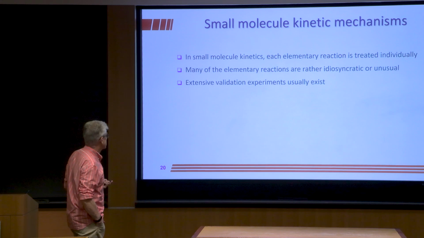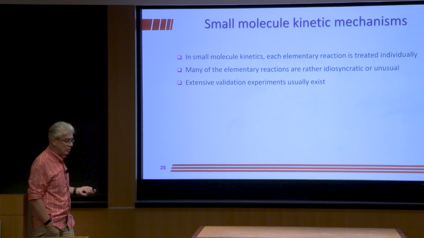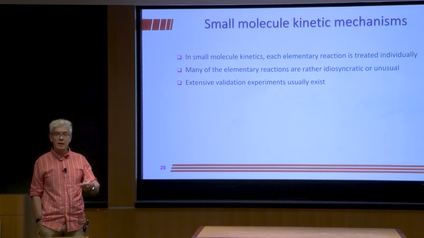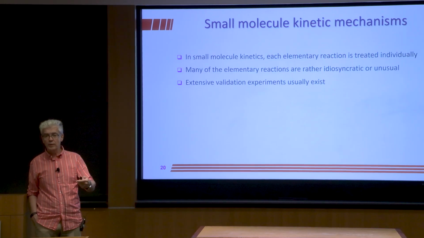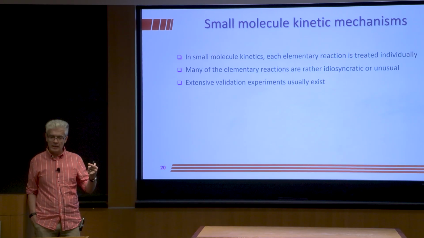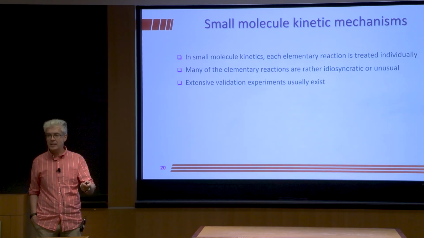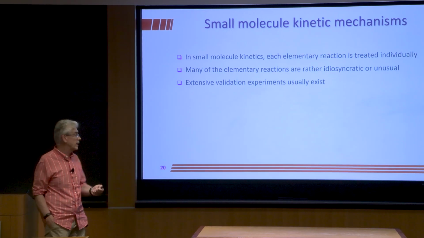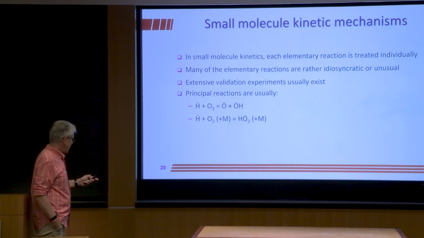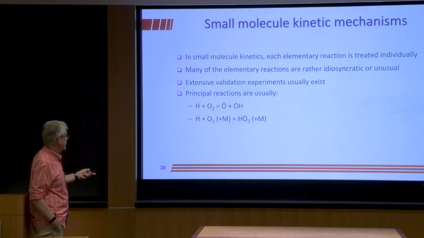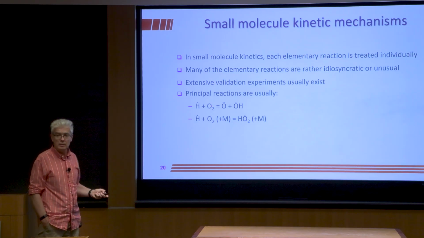So you need extensive validation experiments, though usually they do exist, because these small molecules are small enough that we can actually do experiments with them, and they're volatile enough that we can look at them in the gas phase, and they're easy to deal with.